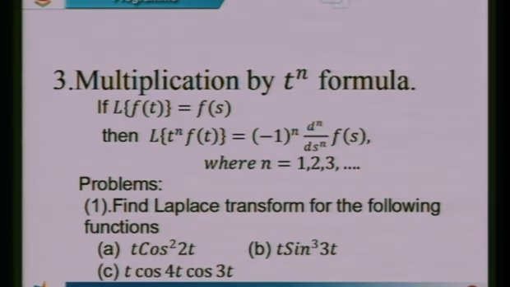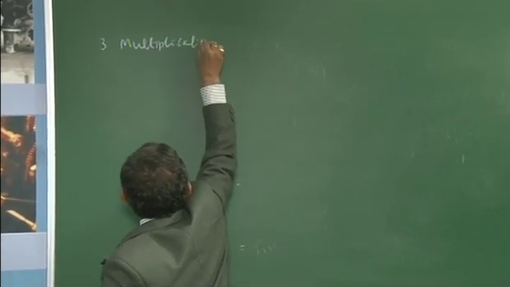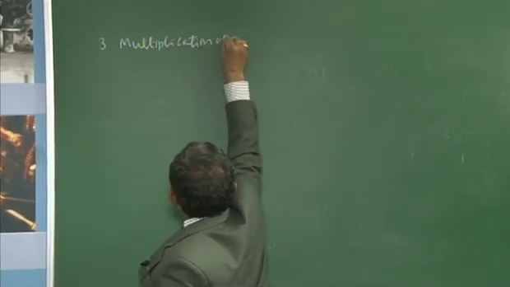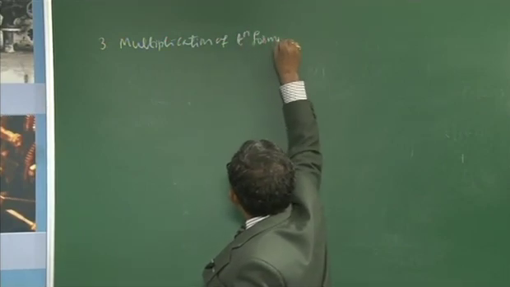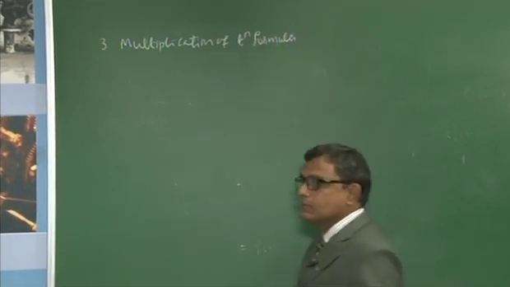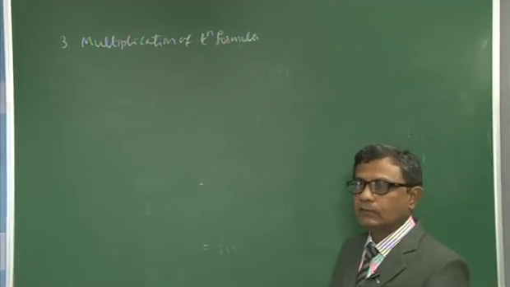First property is the linearity property. Second one, first shifting property. Now the third one, multiplication by t raised to n formula.